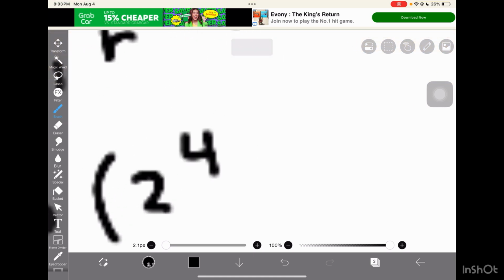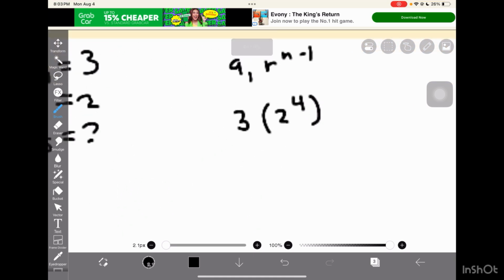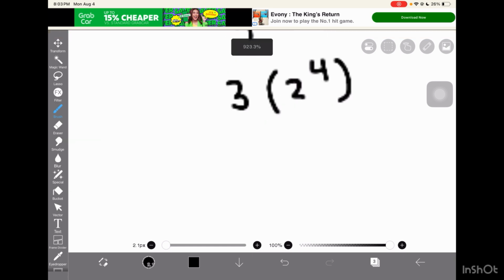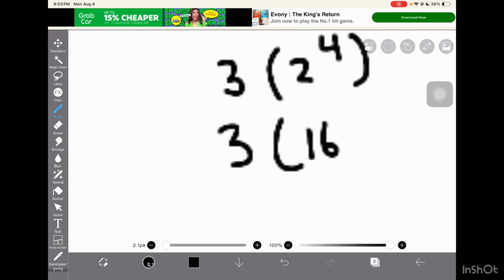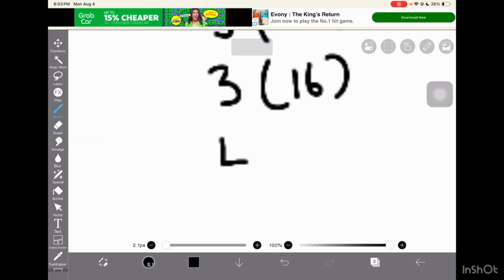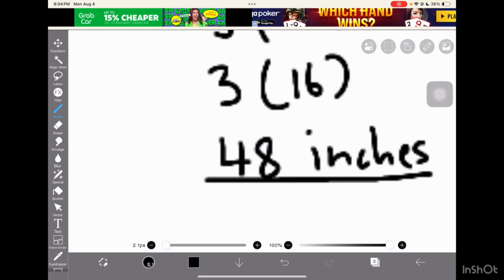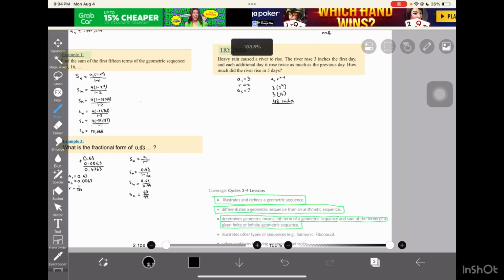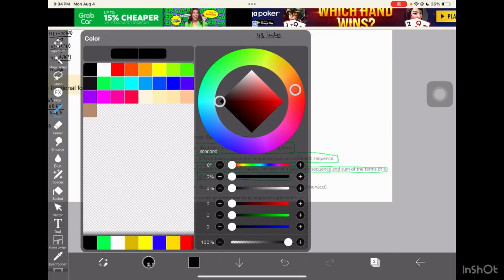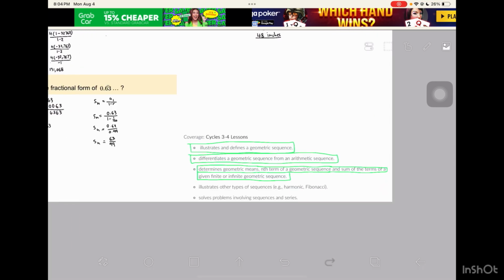So that's 4. So therefore, 2 raised to 4, that's going to be 16. And 16 times 3 is 48. So 48 inches is our final answer. And there you go. It's as simple as that. We have solved this. This is going to be our sequences.